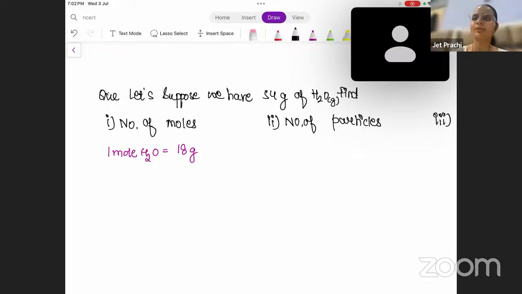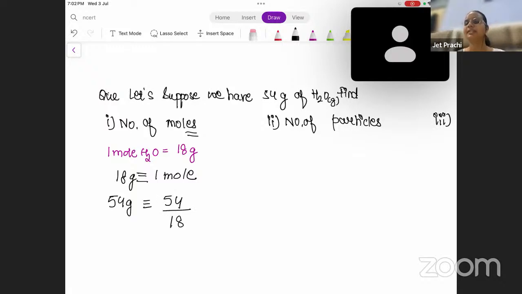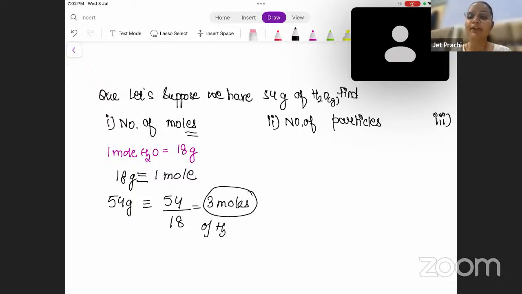So how do we find out the number of moles? 18 grams is equivalent to 1 mole. So in that case, 54 grams will be equivalent to how many moles? 54 divided by 18. So how much will I get? I'll get 3 moles. So 54 grams is equal to 3 moles of water.